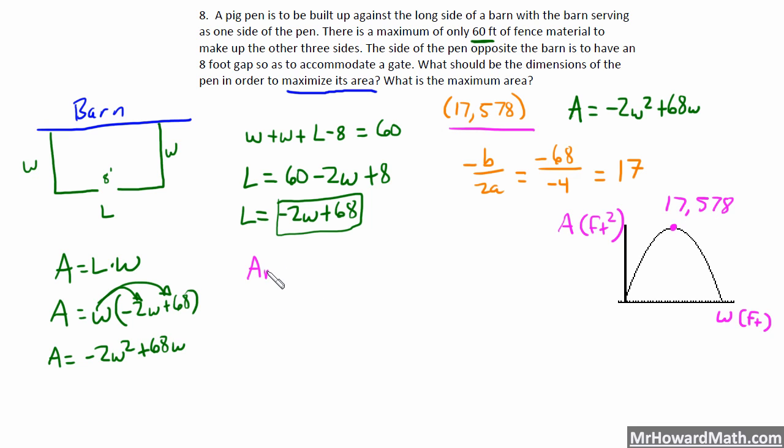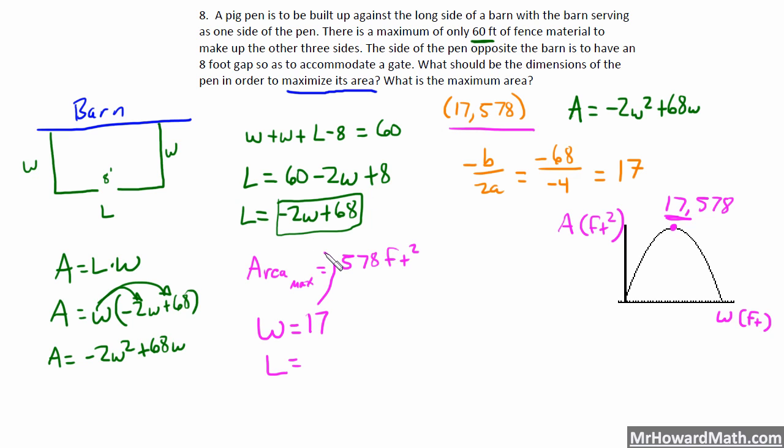So area max is equal to 578 square feet. So 578 feet squared. And the dimensions that we needed, our width is equal to this value right here, 17. So our length that we need, we have to sub back into this equation right here.